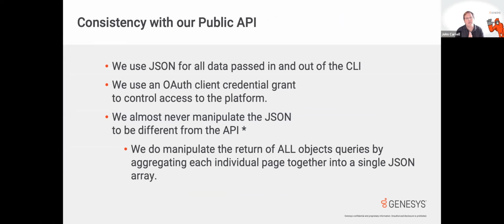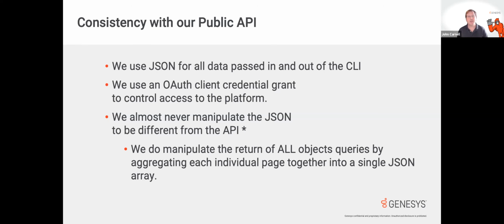Kind of with our comment about our consistency with our public API, we use JSON for all data passed in and out of the CLI. That means that the JSON data structure matches exactly what's in the public API. We make a little asterisk there on one particular command. We use an OAuth client credential grant to control access to the platform.